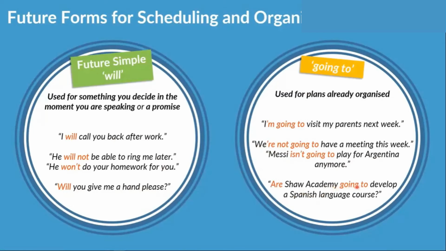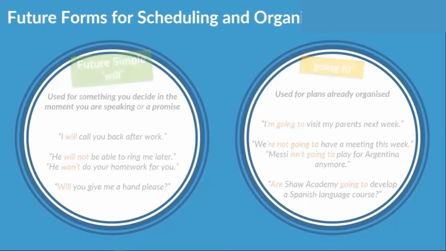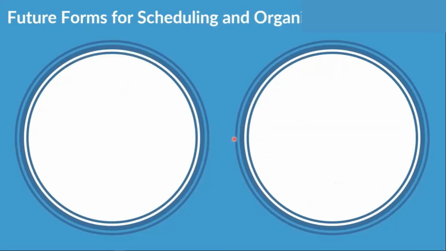Are Shaw Academy going to develop a Spanish language course? Okay, so it's a plan. You're asking, are they planning to develop a Spanish language course? Excuse me. So that is the difference between will and going to. Now let's look at the other two.